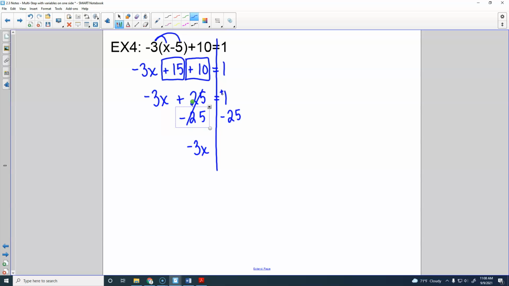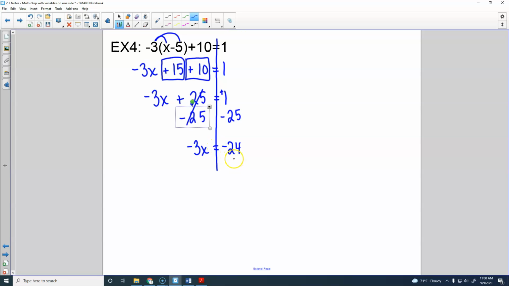Is it negative 24? It is negative 24. You have $1 in the bank. You spend $25. How much money's in the bank now? Negative 24. This is the problem for you, right?